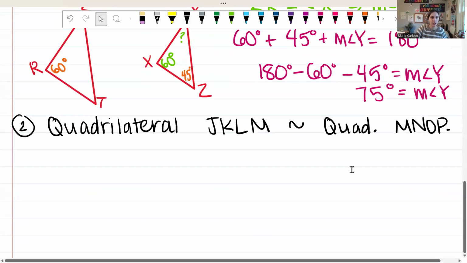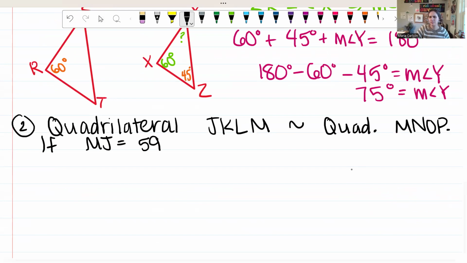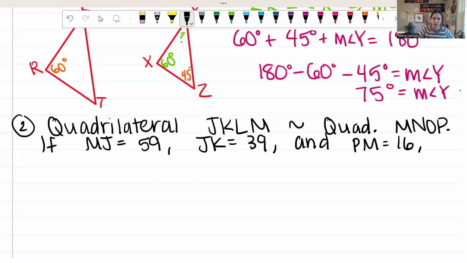If MJ is 59, JK is equal to 39, and PM is 16, find MN.